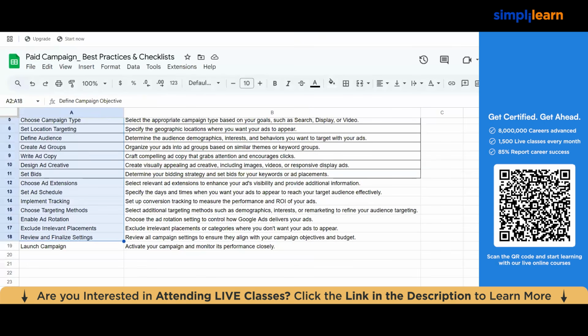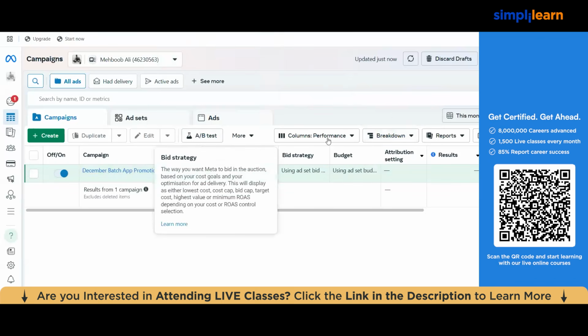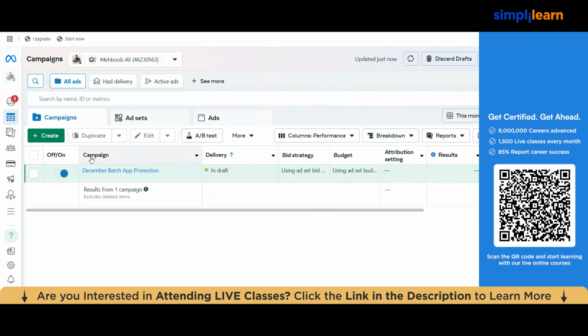Again, I'll stop sharing for a bit, and then I'll go here. Okay, so now you all remember this platform as well, this Facebook Ads Manager or Meta Ads Manager. We have been to this platform, everyone remembers that, right? This is where you can create the ad. You can do multiple ads over here.